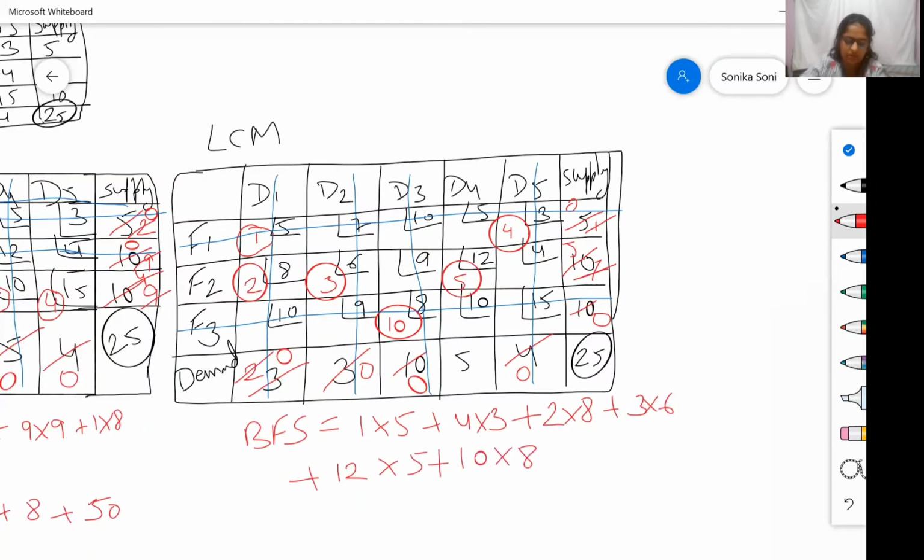We have 6 allocations. So how much do we get here? We have 5 plus 12 plus 16 plus 18 plus 60 plus 80. When we total this, we get 191.